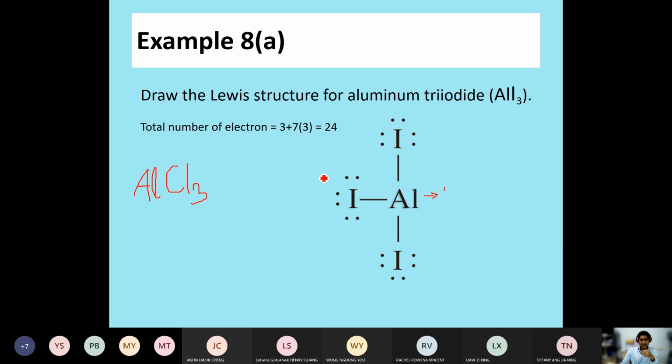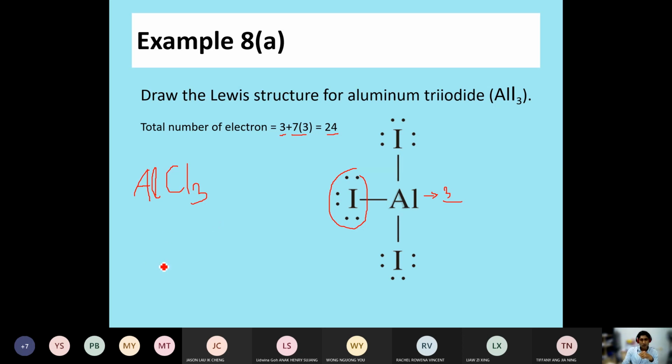Aluminium has 3 valence electrons since it is in group 3A. And iodine has 7 each. So 3 times 7 plus the 3 for aluminium should be 24 electrons together. The total valence electrons should be 24.